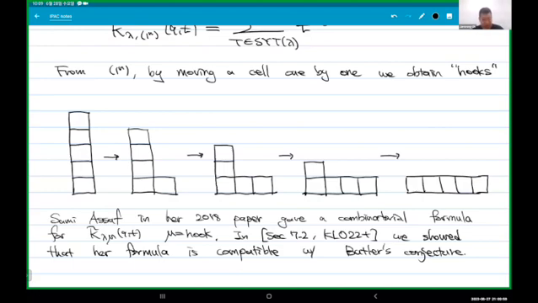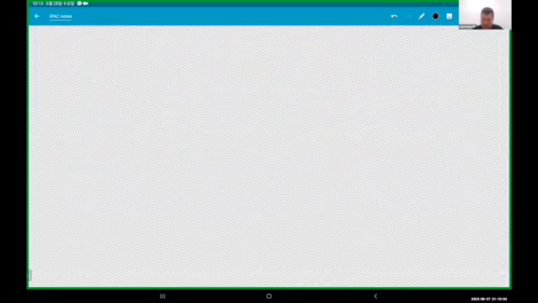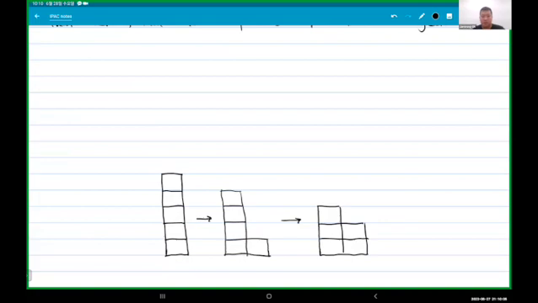But today I'm not going to discuss this formula for the hooks, and I will focus on two column shapes. Like we obtained the hooks from the one column partition, we do the same thing, moving cells one by one.